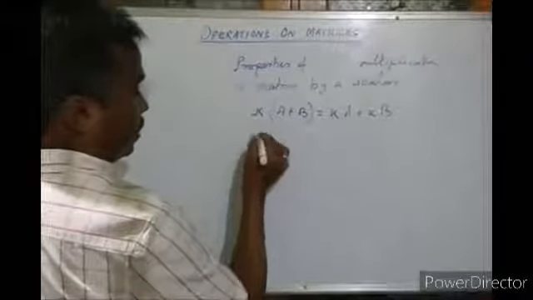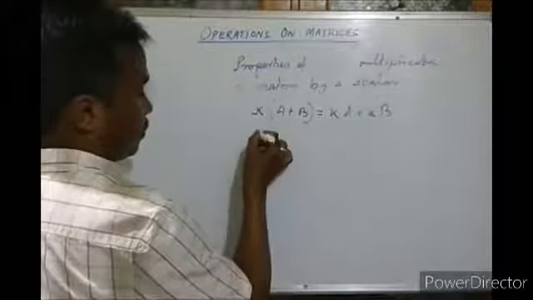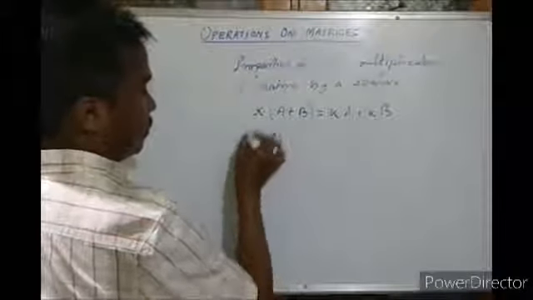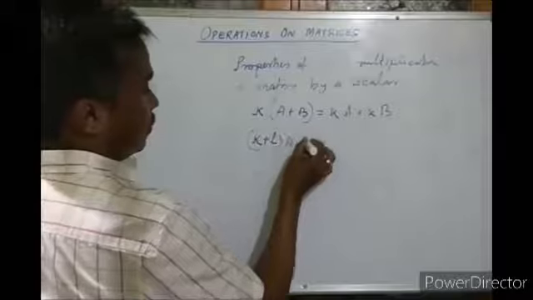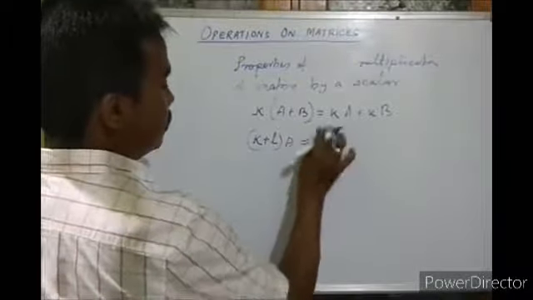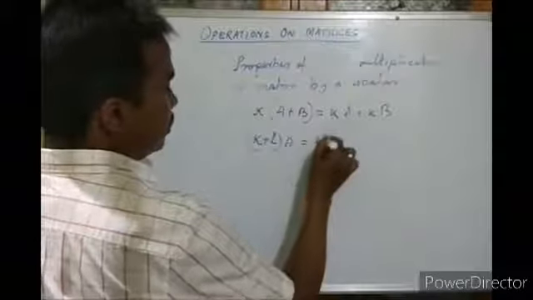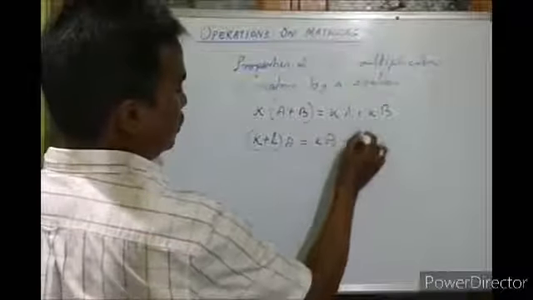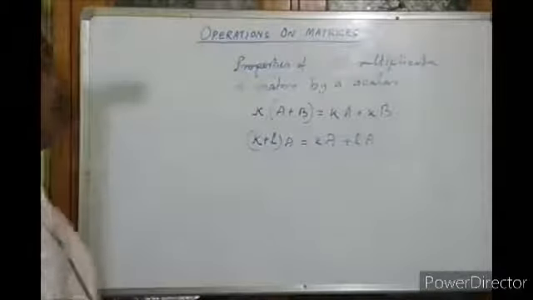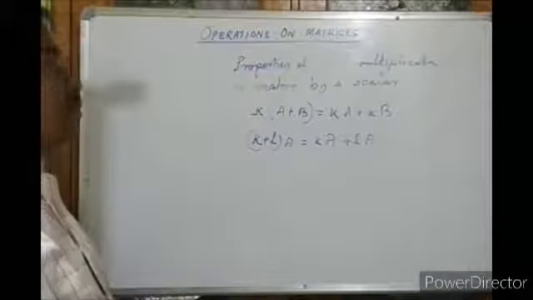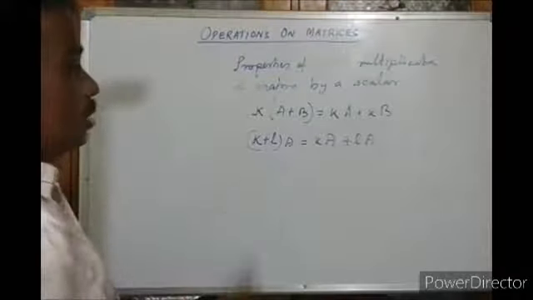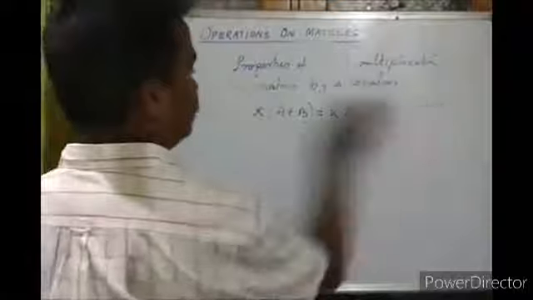And K plus L times A is equal to KA plus LA. This also holds good. So these are the properties of multiplication of a matrix by a scalar, which can be easily verified.